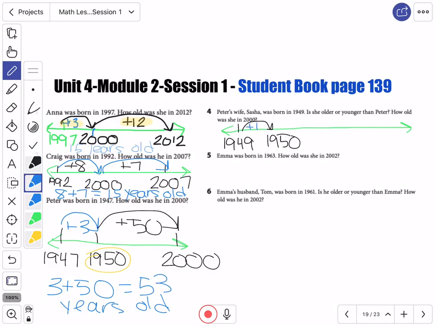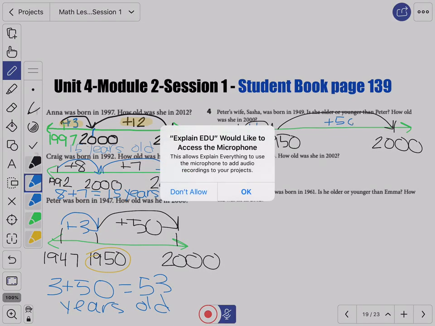Okay, so I've jumped 1 year, but I'm still needing to get to that year 2000. Okay, so I'm going to jump again, and it's the same number of years that I jumped with Peter, right? 50 years.